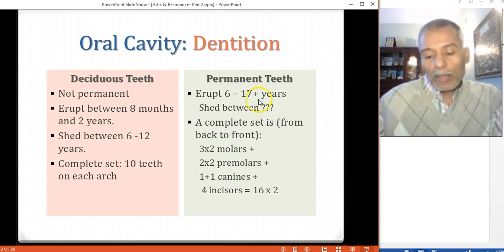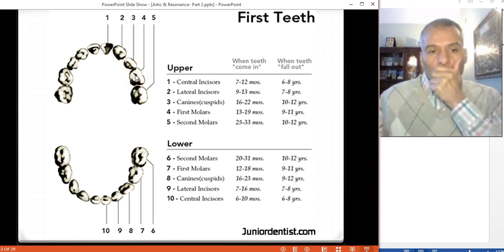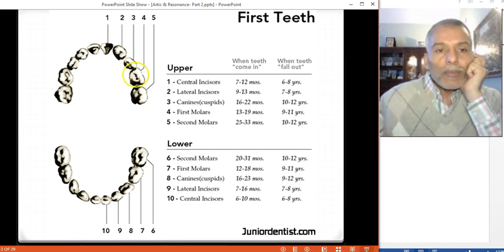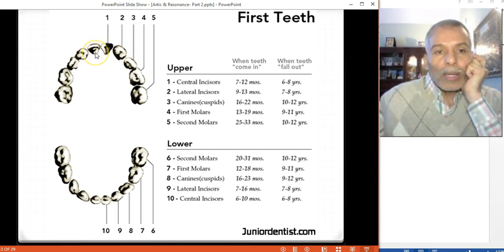And the permanent arch. So here is the child's, here is the deciduous arch. Let's count them. You have 4 front teeth, which we call the incisors. You have 2 in the center called central incisors.